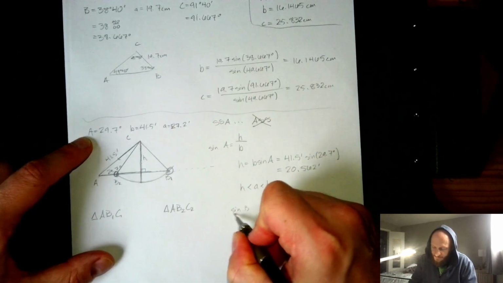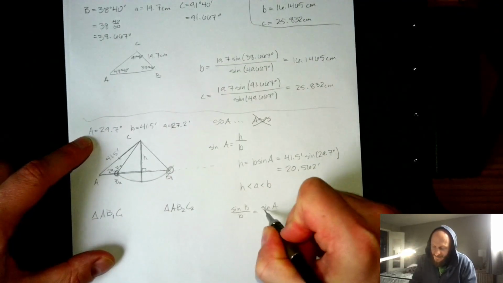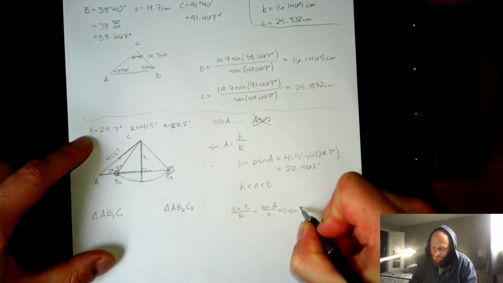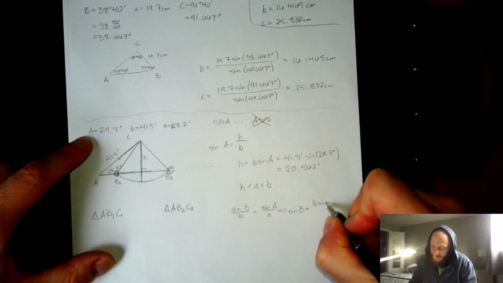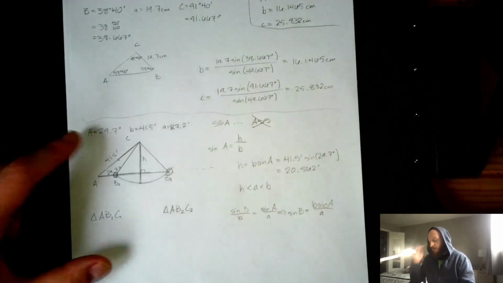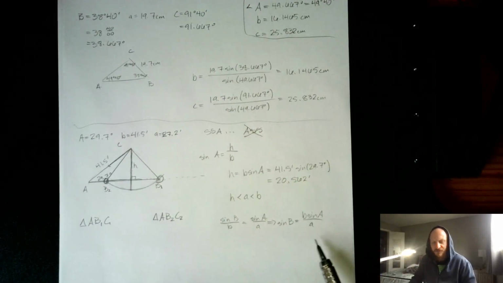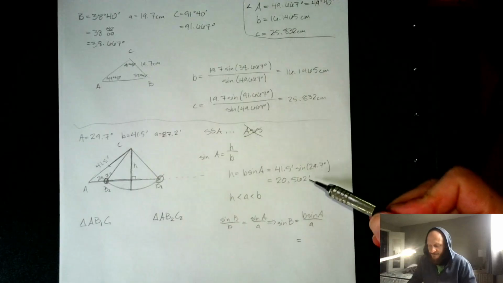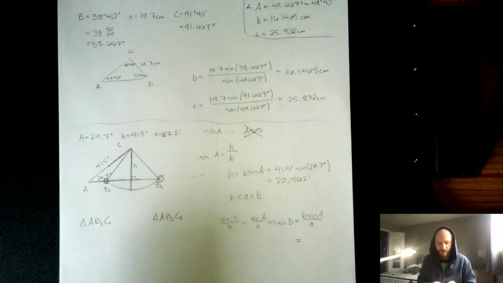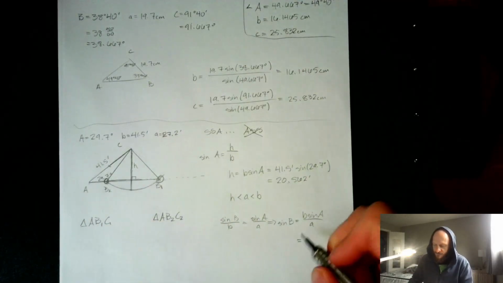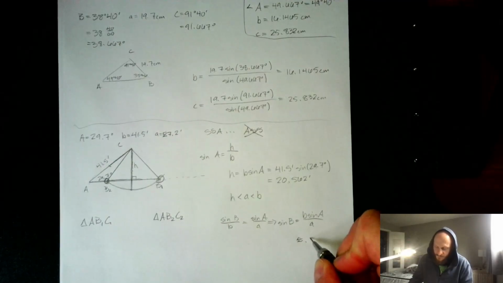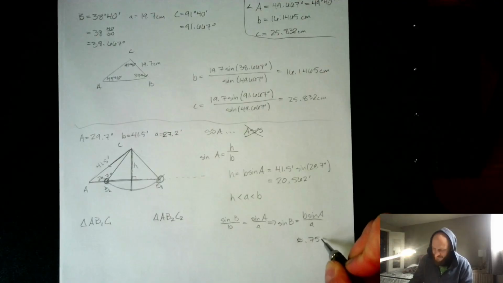So sine B over B equals sine A over A, which means sine of B is equal to B sine A over A. We just found B sine A. B sine A is 20.562, so I'll divide 20.562 by A. 20.562 divided by 27.2 is approximately 0.756.